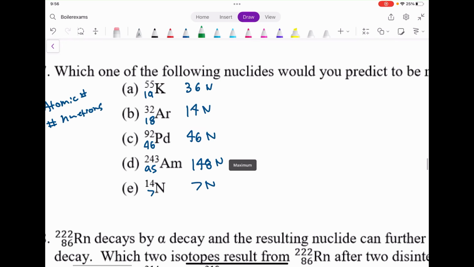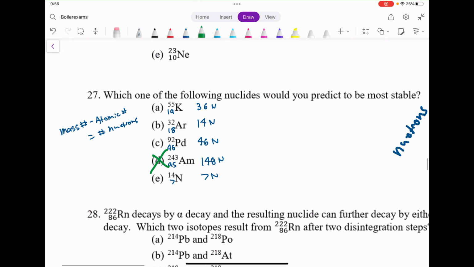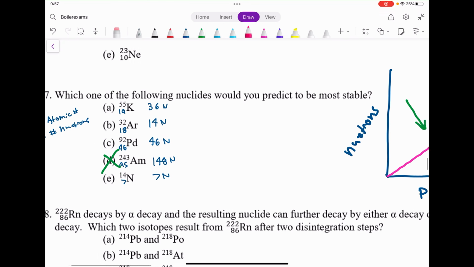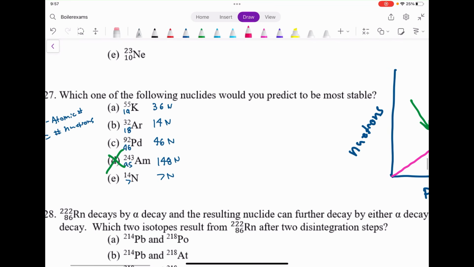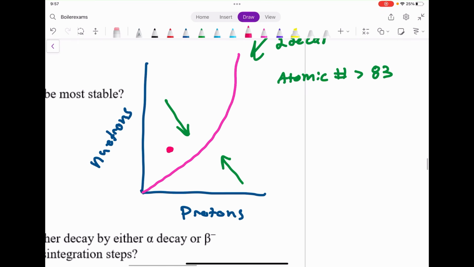So immediately I'm looking at americium and I'm saying no way, because it's too big, it's probably going to undergo alpha decay. Okay, let's real quick plot the rest of these. I know I'm already spending a lot of time on this. Okay, A, we have 19 protons and 36 neutrons. That's way off a 1-to-1 ratio, so that one would be up here.